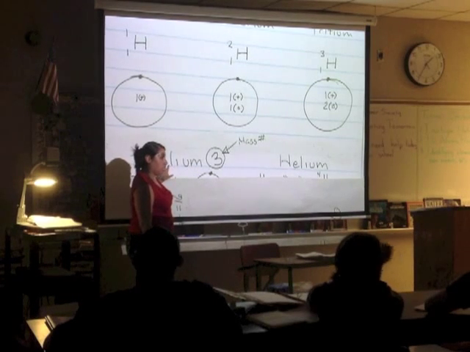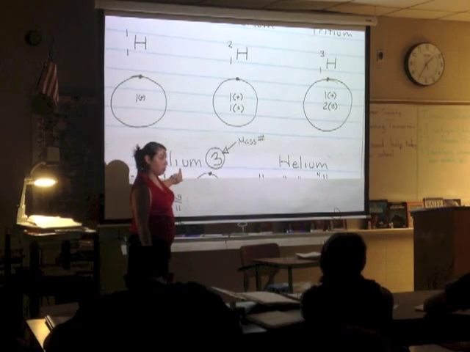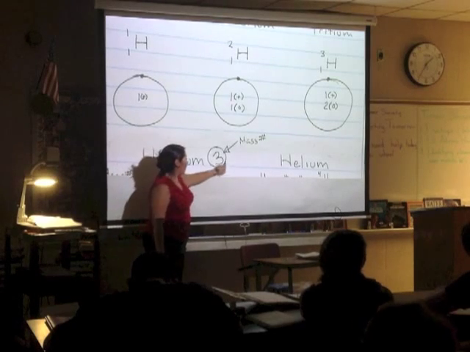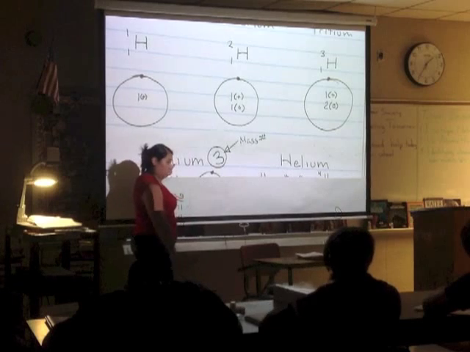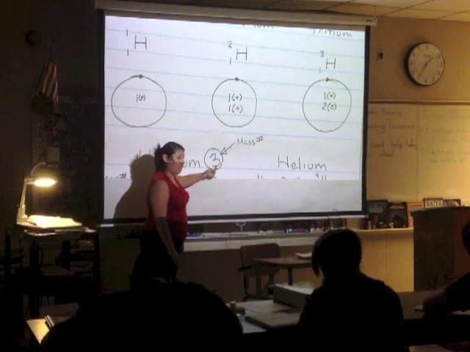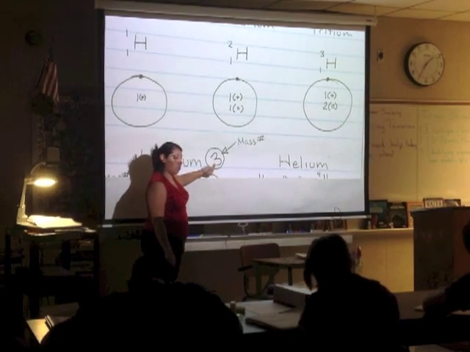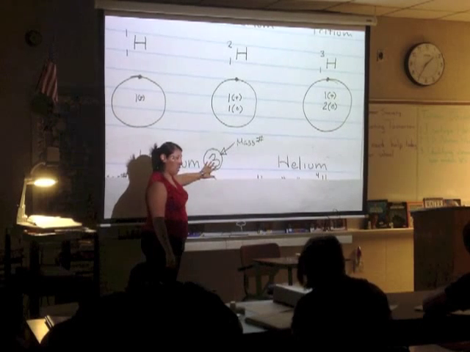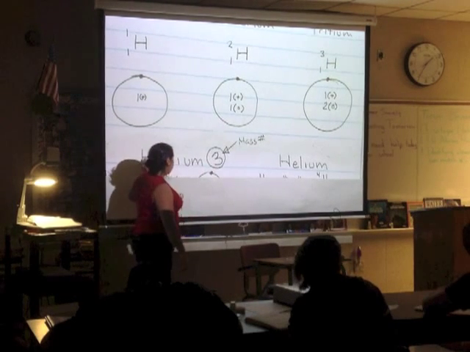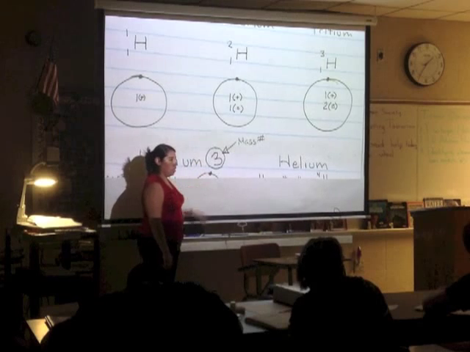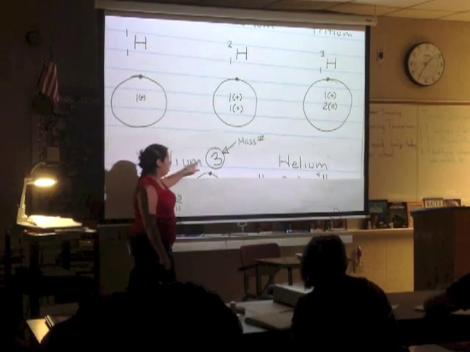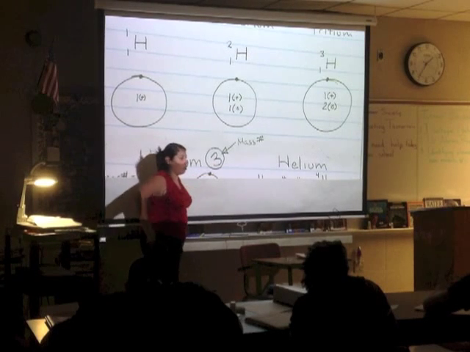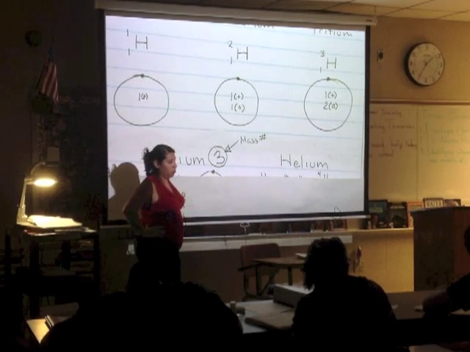If I tell you the name of the element, where do you find the symbol? Periodic table. And then sometimes I give you a number behind it. So helium-3 means helium with a mass number of 3. So the number that's behind the word is giving you a mass number. So helium-3 is telling you helium off of the periodic table, He. This 3 is a mass number, and where would you find the atomic number?